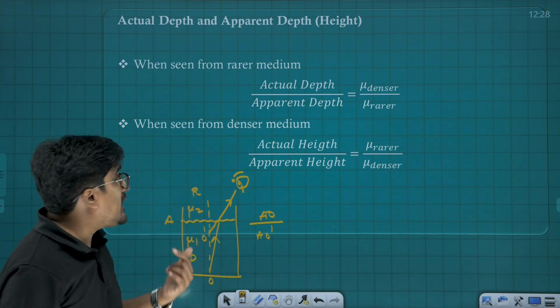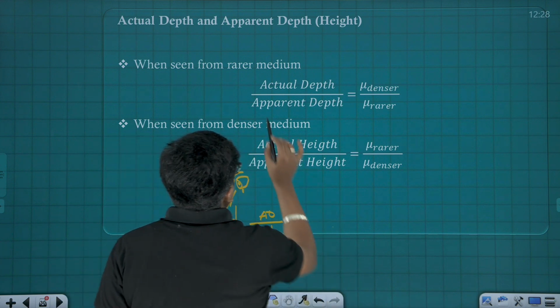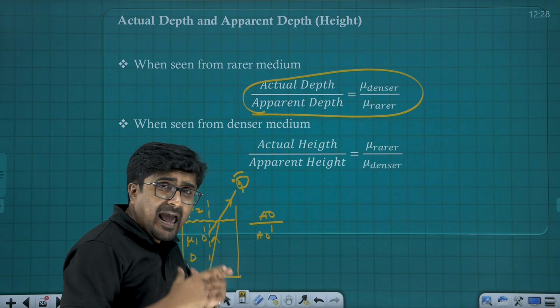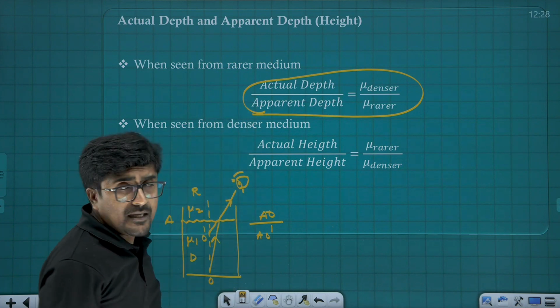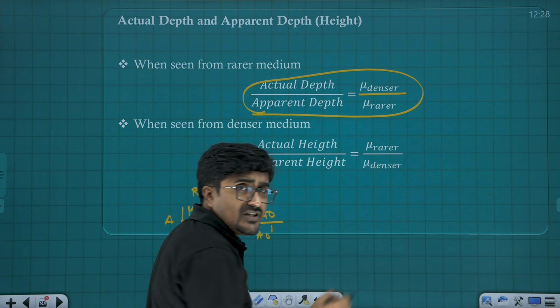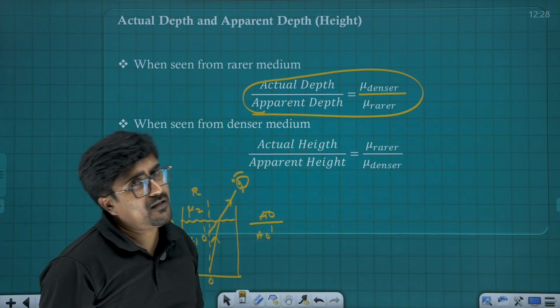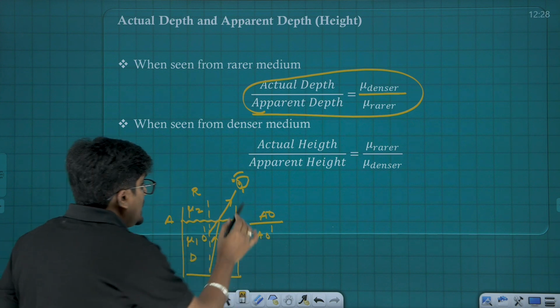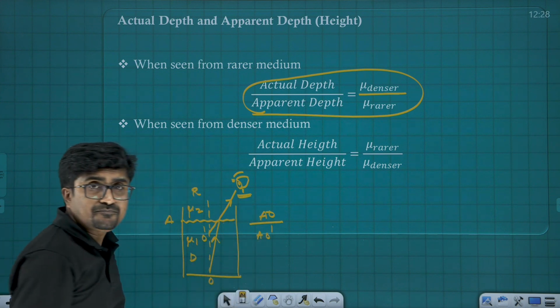Now the relation between these two: actual depth upon apparent depth equals the refractive index of the denser medium upon the refractive index of the rarer medium. This is the case where the observer is in the rarer medium.